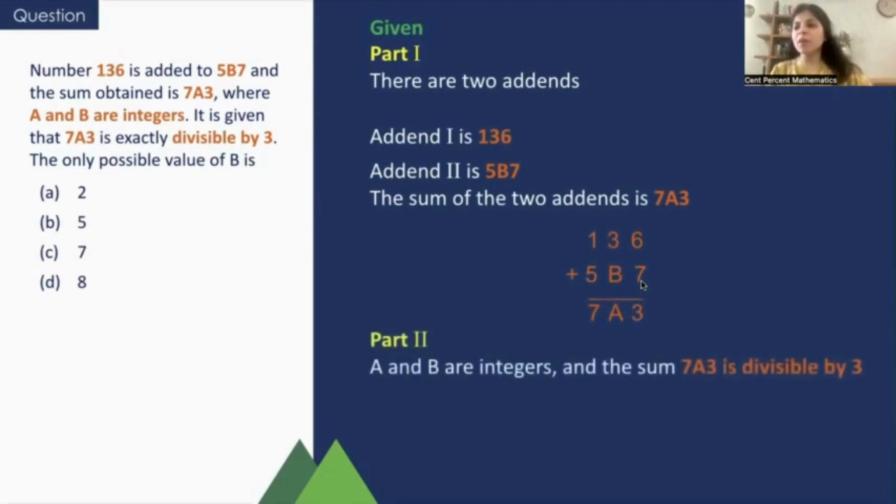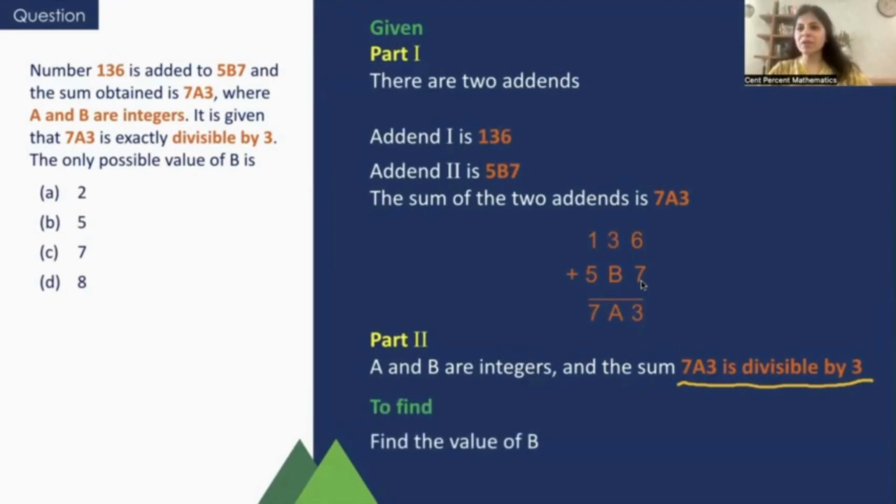Now, this is the first part of the question which we could comprehend very easily. The second part of the question says that a and b are integers and 7a3 is exactly divisible by 3. And we have to find out the value of b. So let's start again comprehending it.